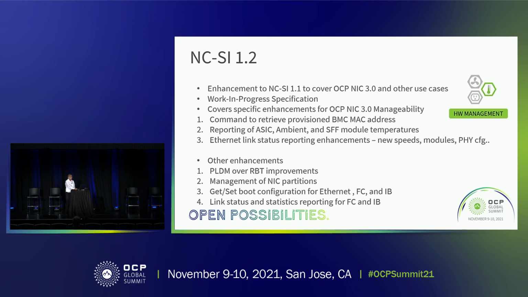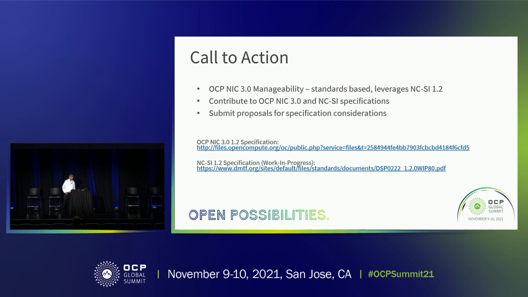So Hemal, I will give it back to you for a final wrap up for the next couple minutes. All right, thanks, Bob. So in this talk, we talked about the OCP 3.0 manageability features based on DMTF standards and how some of those use cases fed into NCSI 1.2.